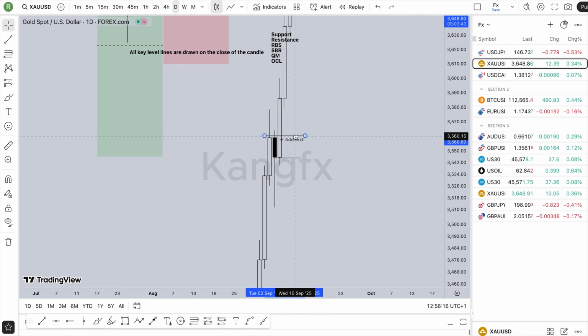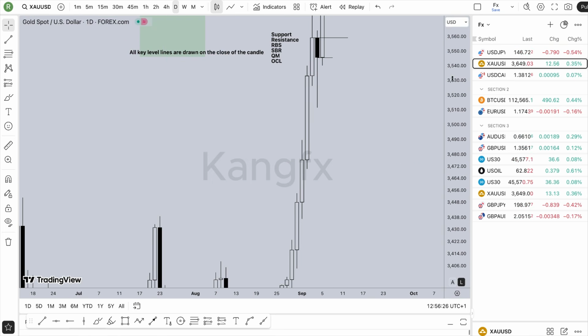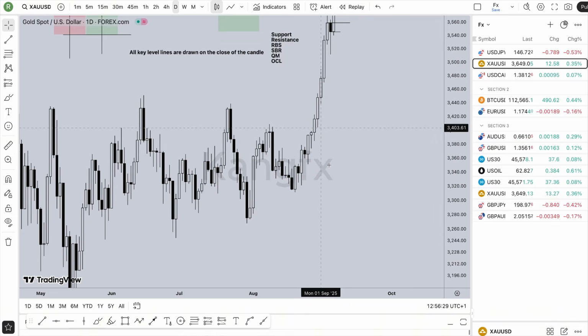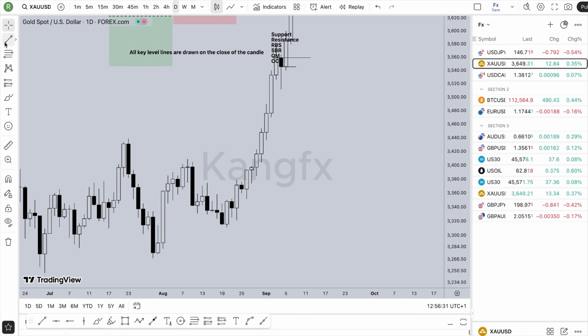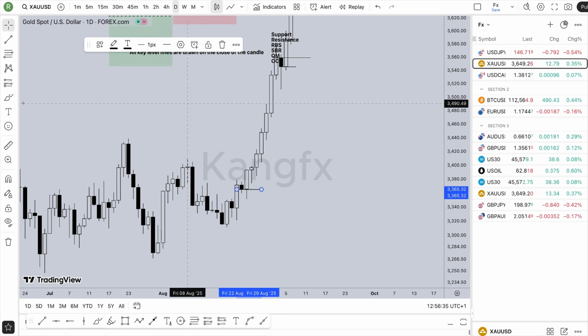Draw the line on the close of this candle here, and draw this support on the close of the bearish candle. Now this is another support here, this is another support here.